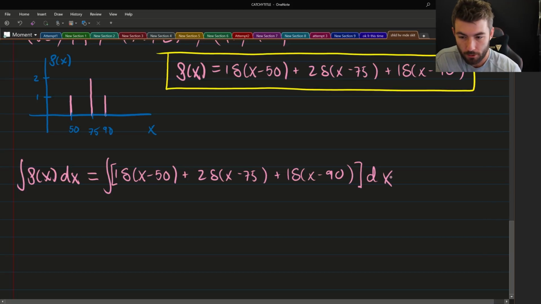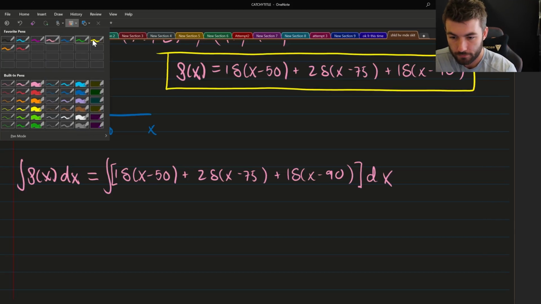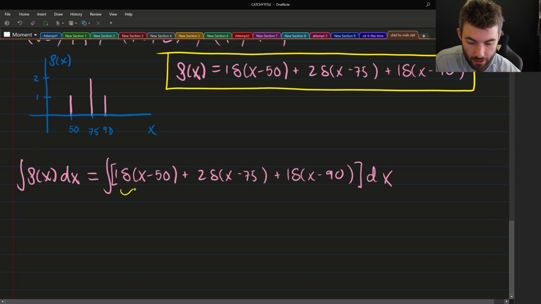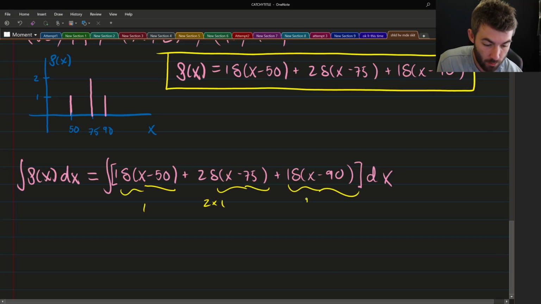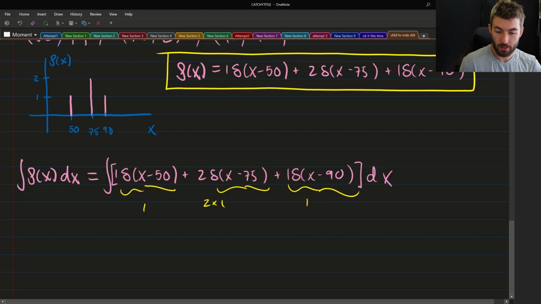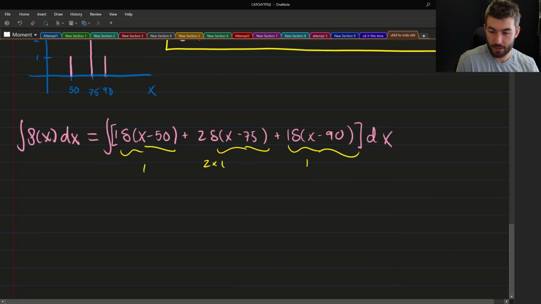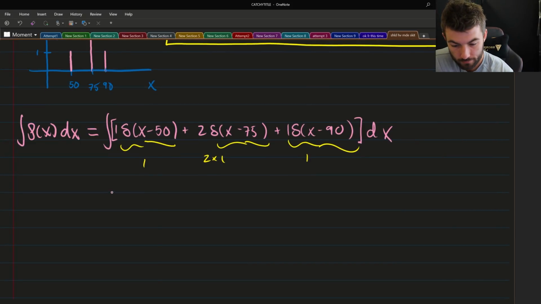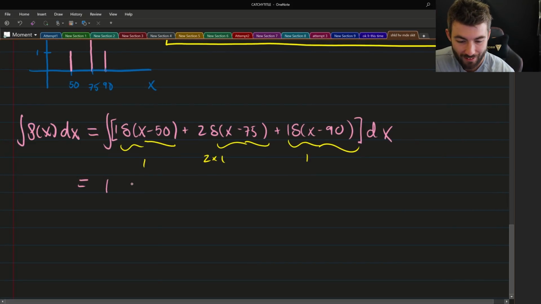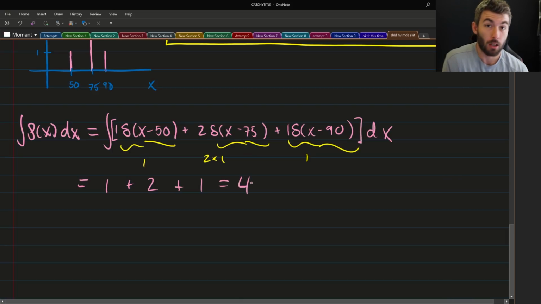So actually all of these integrals just give 1, right? Integrating this gives 1, integrating this gives 2 times 1, and integrating this gives 1 again. So when we integrate this function, it gives 1 plus 2 plus 1, that's 4. Wow! 4, right? Very exciting.